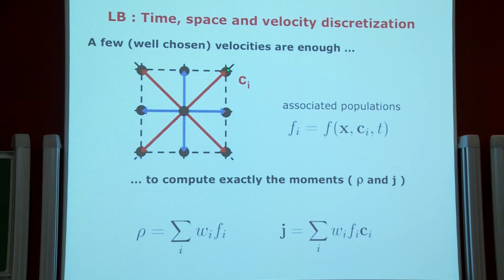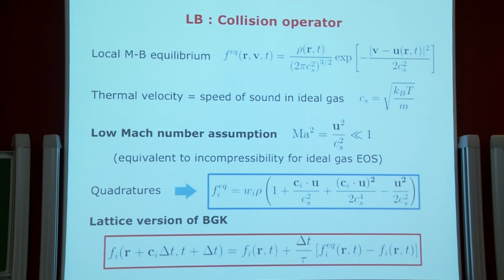So the population of particles with the same velocity, before the collision, is simply transferred onto the neighboring node. That's why you have a population with the same velocity, Fi, at t plus delta t, but at the neighboring node corresponding to this particular velocity.